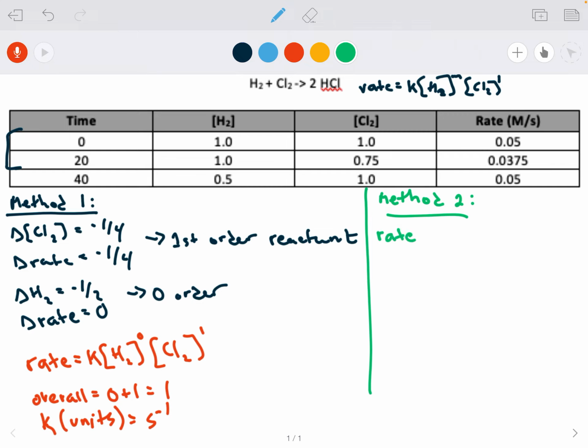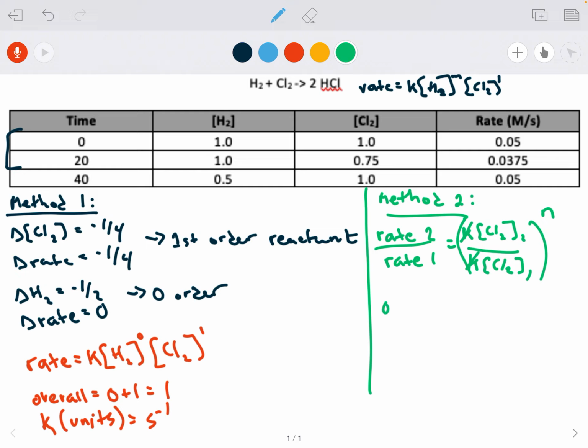So for this ratio, you say rate 2 over rate 1 is equal to K times the chlorine concentration 2 over K times the chlorine concentration 1, all of that to the N. And that N is the order of chlorine. So the K we can cancel out because that's constant.